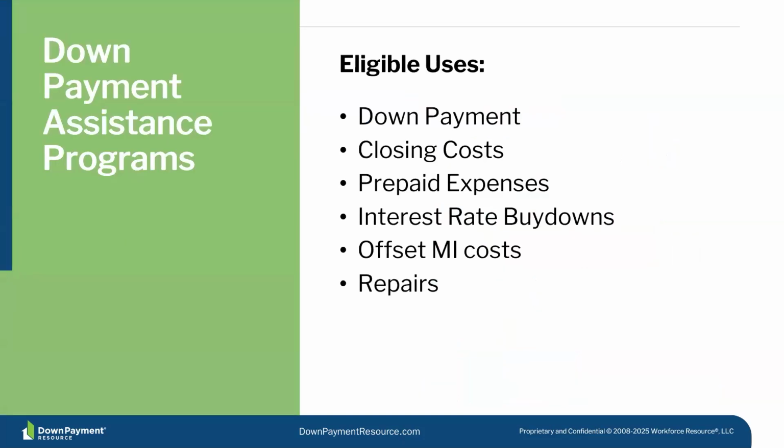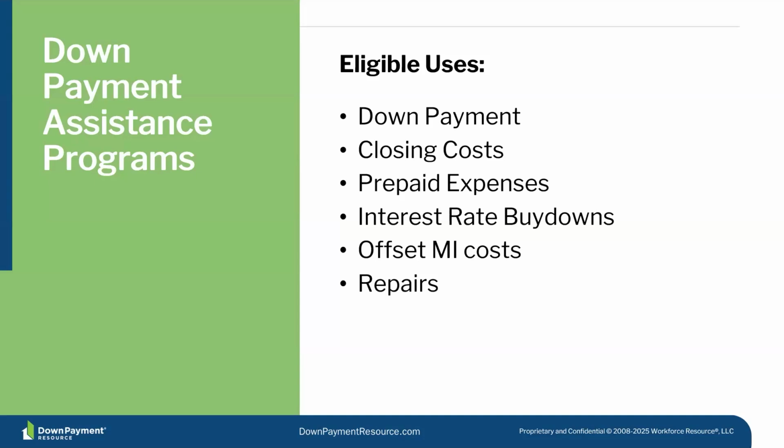Now let's talk about how this money can be used. Of course, the most obvious use for these funds is to increase the down payment. And often, down payment assistance programs also allow the funds to be used for closing costs, prepaid expenses, or even property repairs, which can be particularly important to enhance a property or accommodate livability standards for disabled buyers.